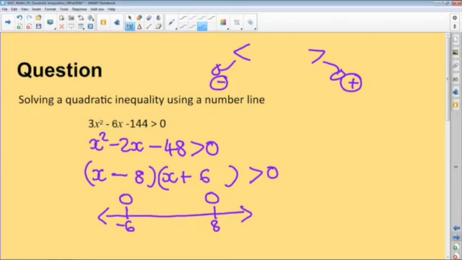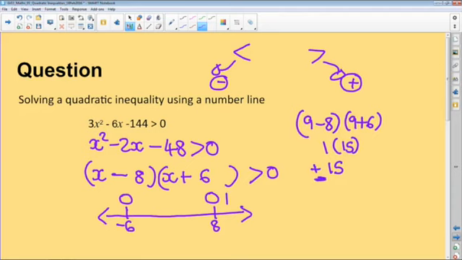And then we're taking numbers greater than 8. Substitute, let's check. If I take 9, I'll have 9 minus 8, bracket 9 plus 6, that is 1 times 15, which gives us 15. What's the sign of this 15? It's a plus, so I'm going to have a plus there.